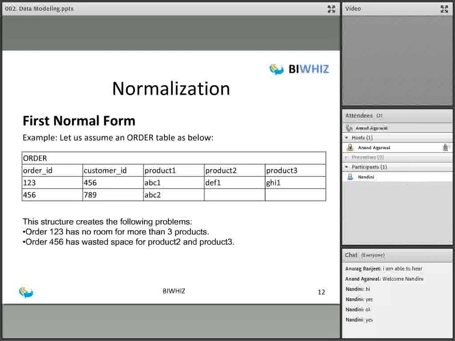This is an example of multi-value attributes, and it is not good, because either you are wasting a lot of space in all the records, or you are stopping the user from taking further products, or asking users to create multiple bills if they are going to buy multiple products. Both of these things are not good in terms of design.